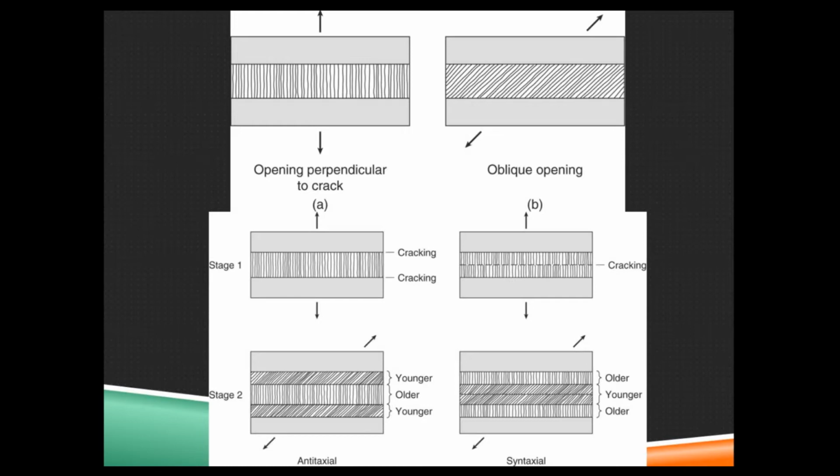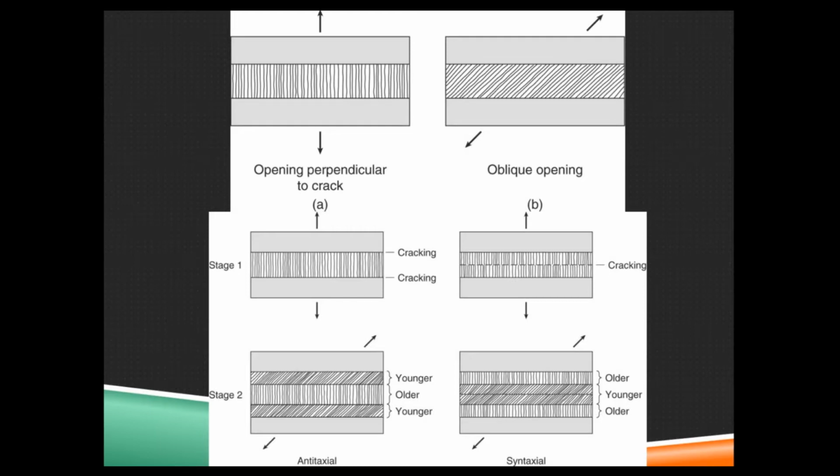For example, when the stresses are perpendicular to the crack, you get veins that are perpendicular to the crack. So the joint is left-right, the tension stress is up-down, and the veins are up-down, or the fibrous fill of the vein is up-down.